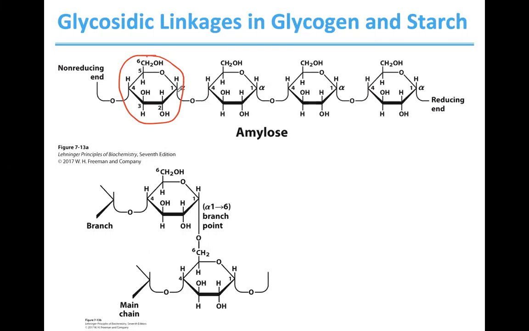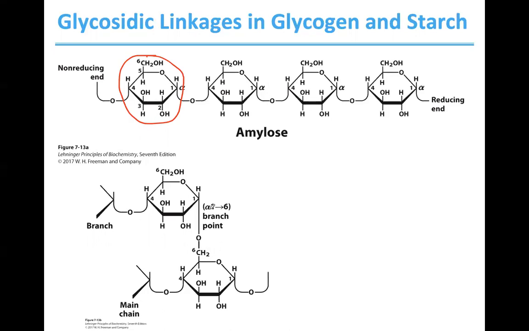You see it's alpha because it's opposite to CH2OH, and it's linked to position 4 of the next glucose. So this is the non-reducing end, and this is the reducing end. Alpha 4, and so on and so forth.